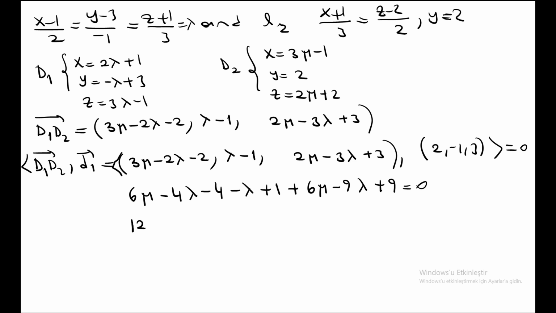So you have 12 times mu, minus 14 times lambda, minus 4, minus 3, so you have 6. So you have this equation actually: 6 times mu minus 7 times lambda equals negative 3.